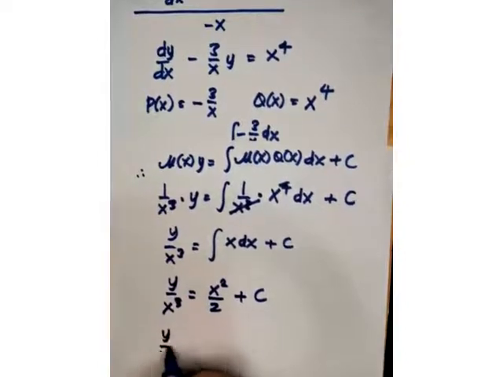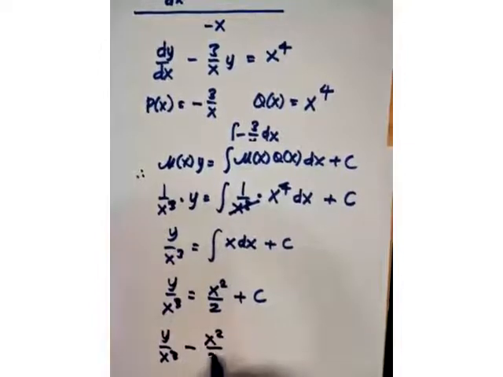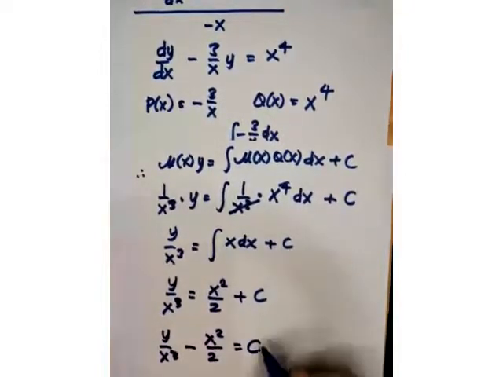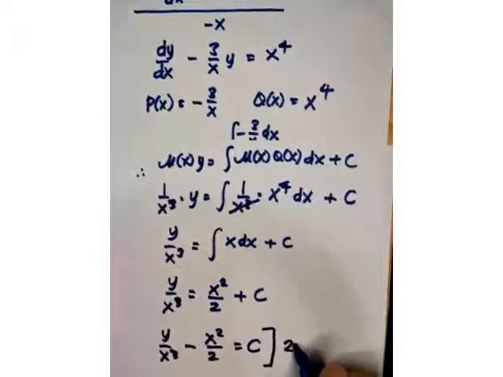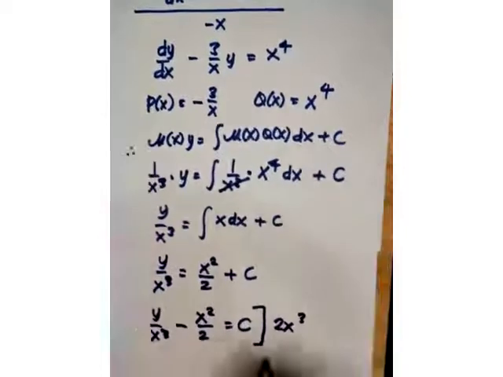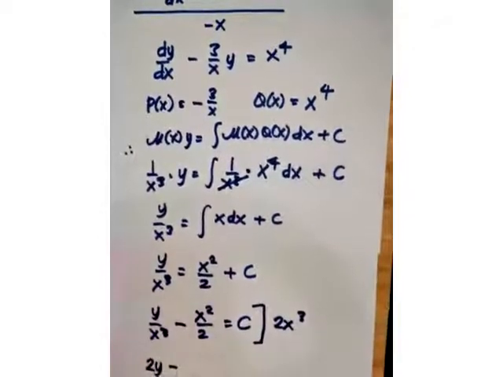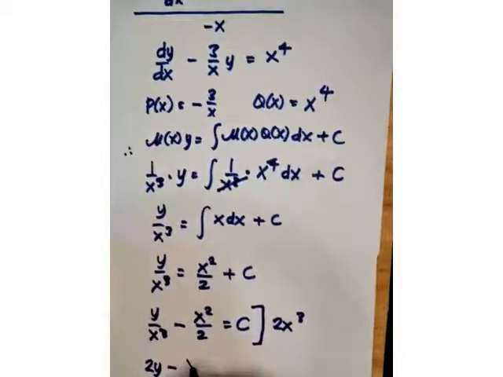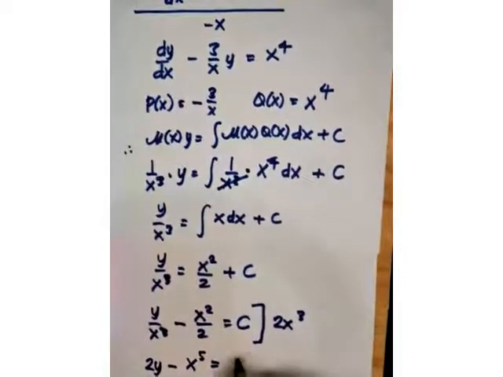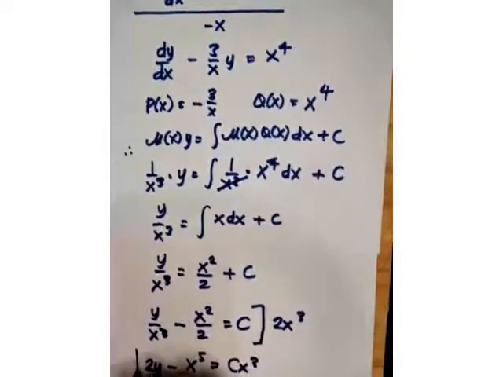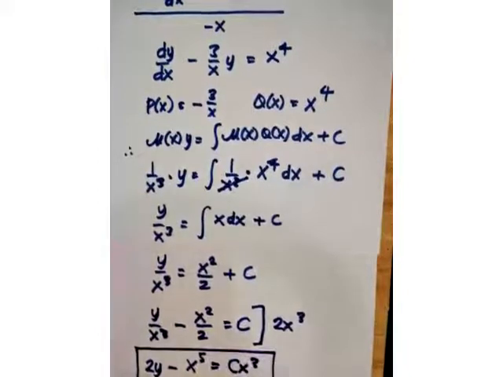So, y over x cubed minus x squared over 2 is equal to c. So, tanggalin natin yung 2x cubed. So, we'll have 2y minus x raised to 5 is equal to cx cubed. So, this is our general solution.